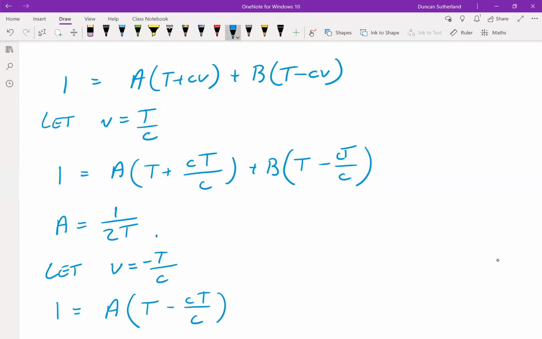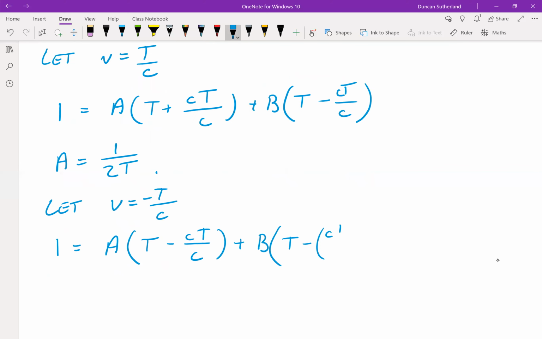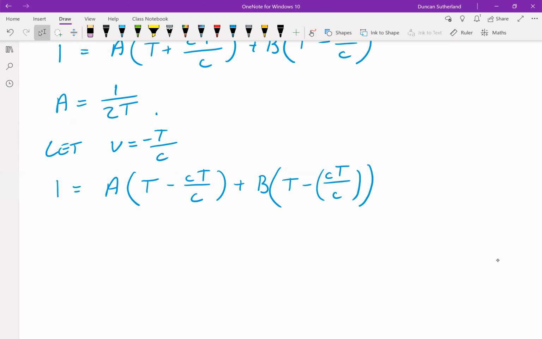This one goes to 0. This one goes to 2t again. So this implies that b equals 1 on 2t.